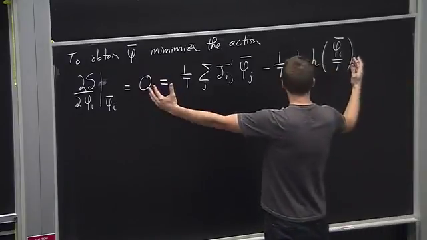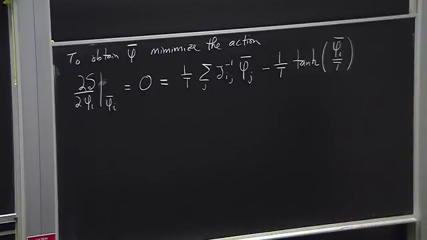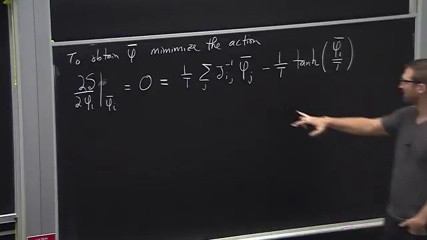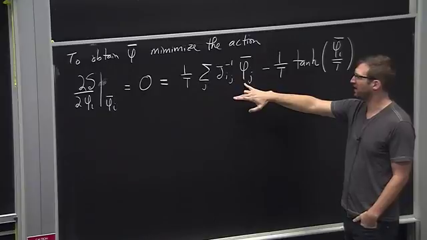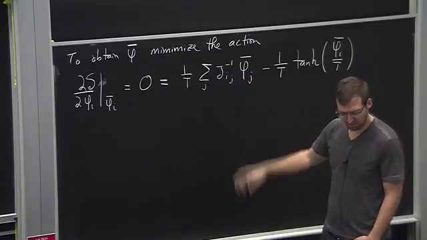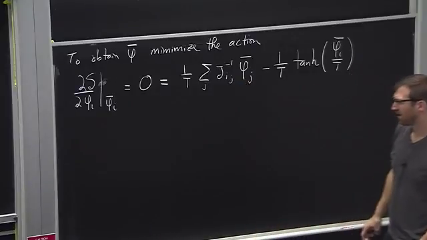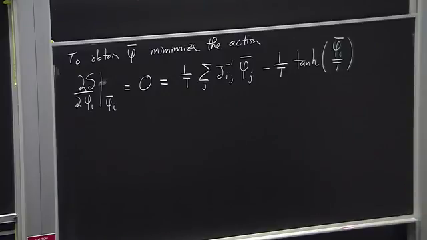Okay, so I just have this, which looks familiar. In order to pull out, say, phi i or phi j bar, I need to just matrix multiply by J.